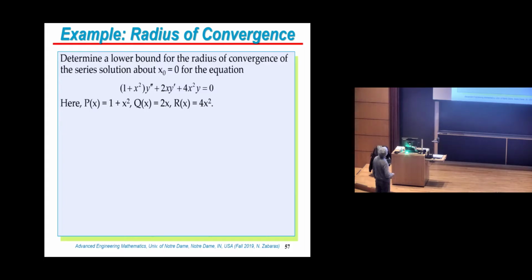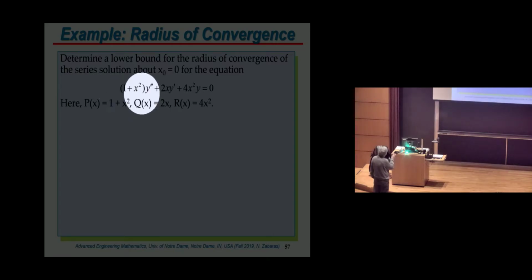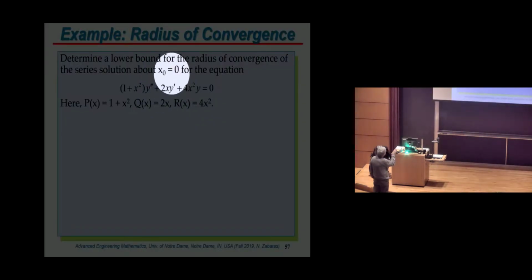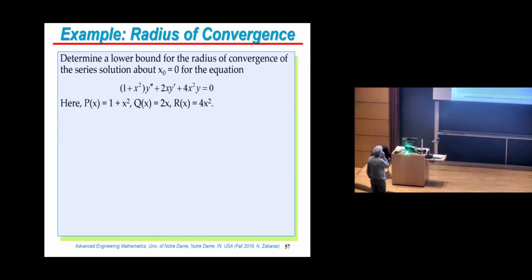So how about this equation? What is the radius of convergence for this equation? I'm using these equations because these are key equations, as we will see, hopefully even today. What's the minimum radius of convergence for an expansion around x0 equal to 0? Obviously, x0 equal to 0 is an ordinary point. This doesn't blow up.